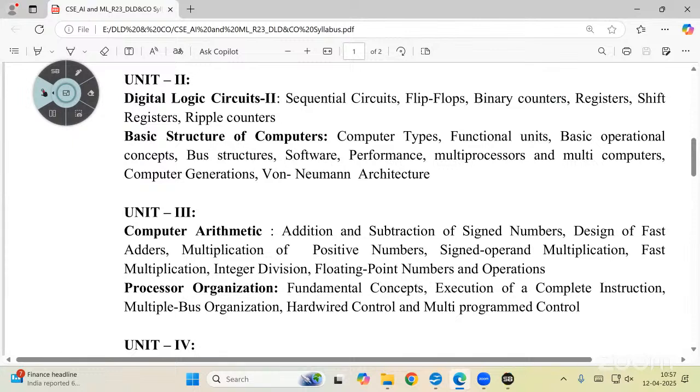So the 4 multiple tasks are performing parallelly. This operation is called the multiprocessing units. The multiprocessing units, that is also called multi-computers. Next one, the computer generations. That means computer generations means which computer was invented first, then what is advanced and what is the present processor. Okay, next, the von Neumann architecture.